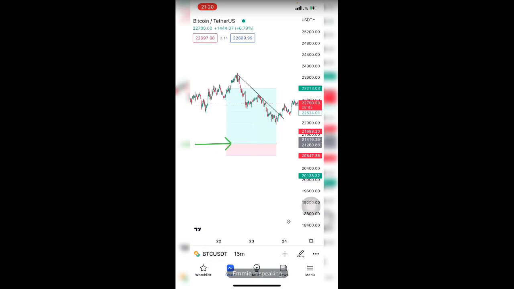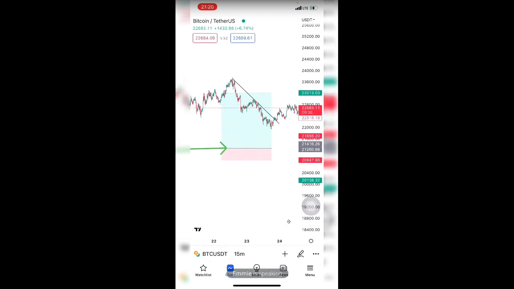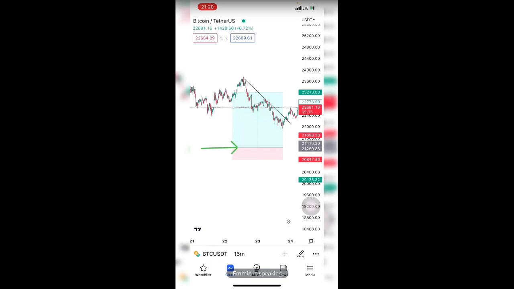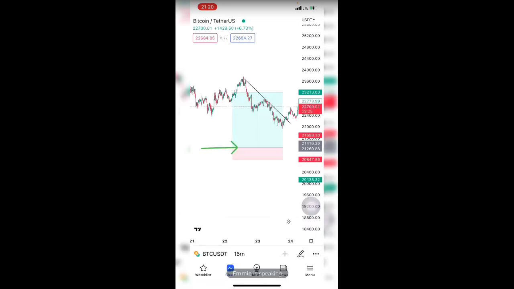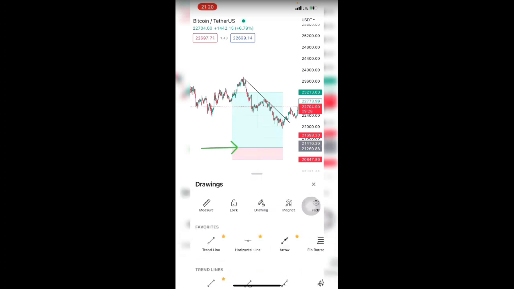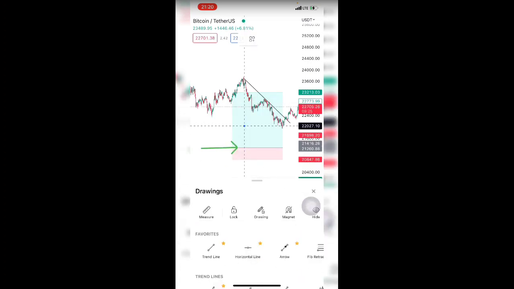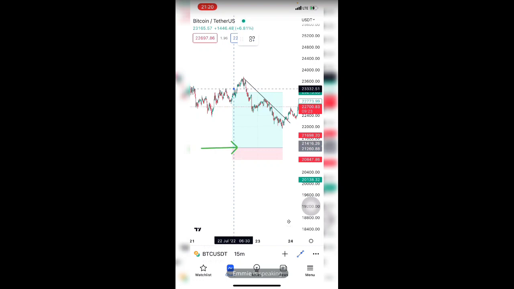I've talked about trends. Then area of value. Our area of value is where we want to consider. Area of value is the area where you are going to put your entry or your take profit. That's what we call our point of interest.